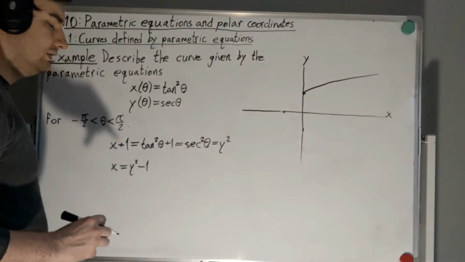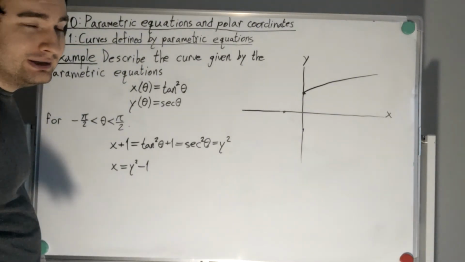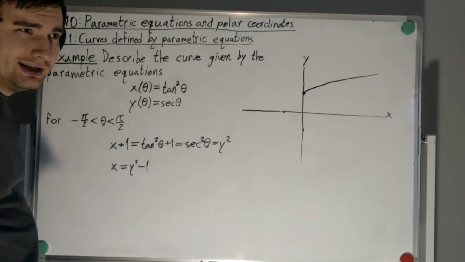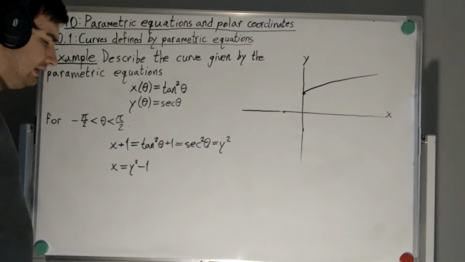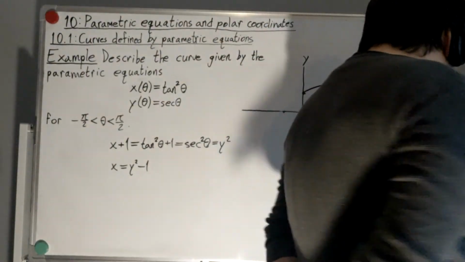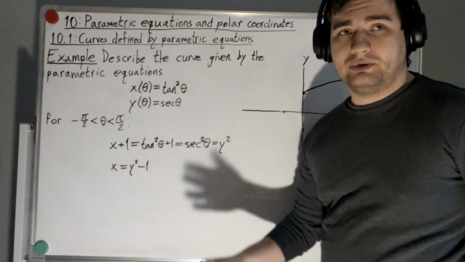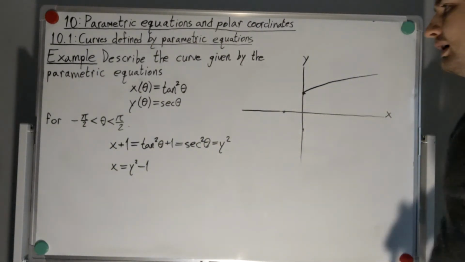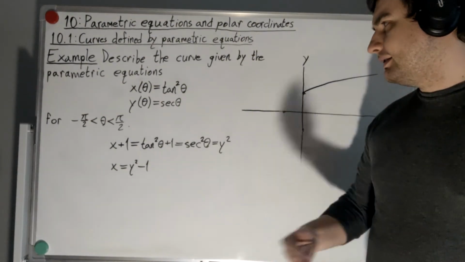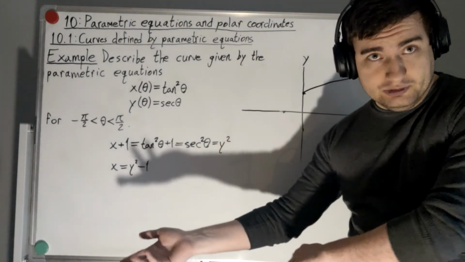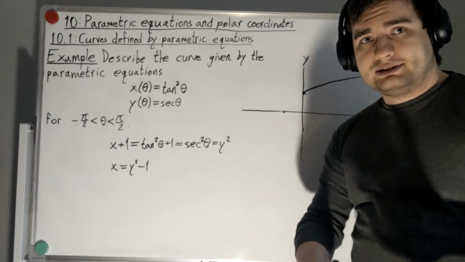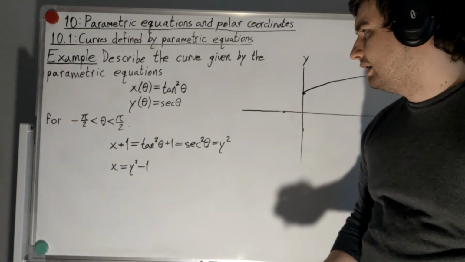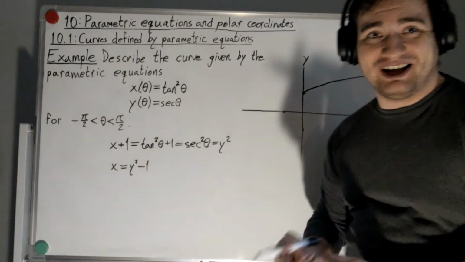Now, the really weird and hard part about this is in what direction is this curve traversed? This one is really weird because, let's think about this for a second. If theta is between negative pi over 2 and 0, well, that would mean that the cosine would be positive and increasing.